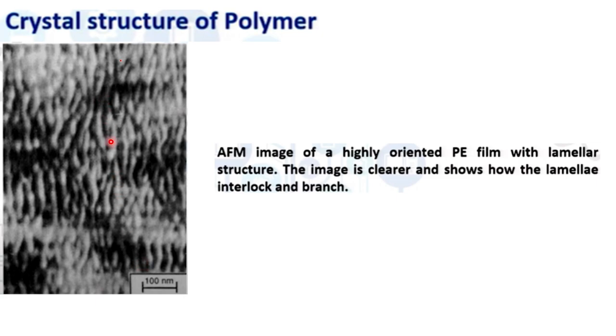And the crystal structure of the polymer, how it looks like: a highly crystalline polyethylene film with laminar type of structure, and how the lamellae are interlocked through chain stacking, one can visualize through the AFM.